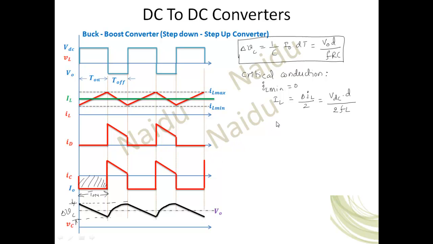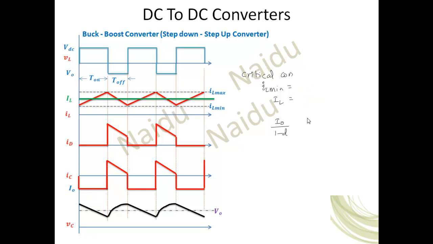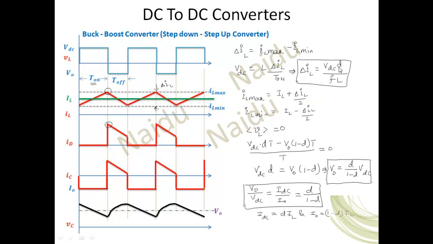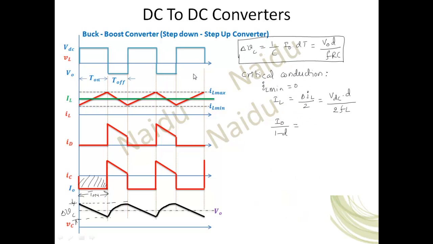In the previous slide we discussed IL is nothing but I average by 1 minus D. Here IL is nothing but I naught by 1 minus D. So I naught by 1 minus D equals VDC into D divided by 2FL. You can take it as VDC into 1 minus D into D by 2FL.